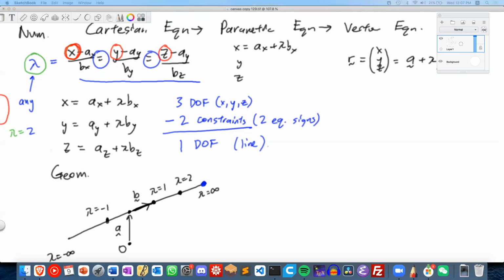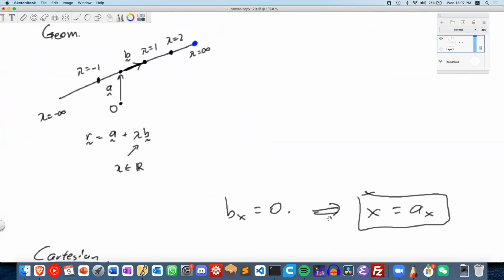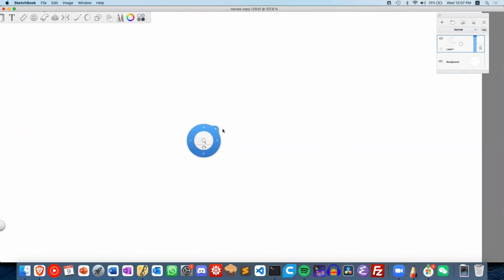So if that's clear, then let's go through a simple example, and then a trickier example. Let's say x minus 1 over 1 equals y minus 2 over 2 equals z minus 3 over 3. This is the equation for a line.